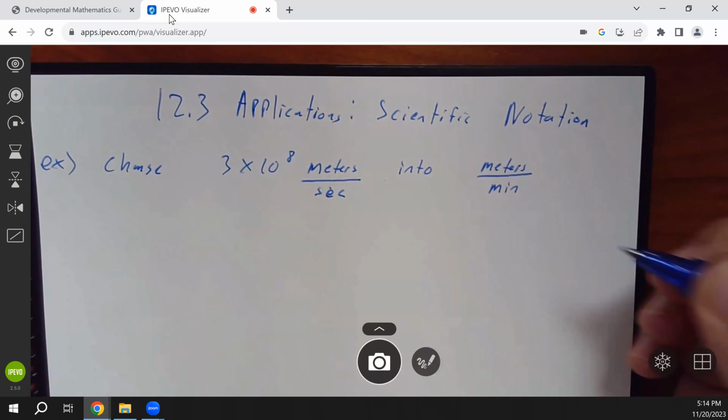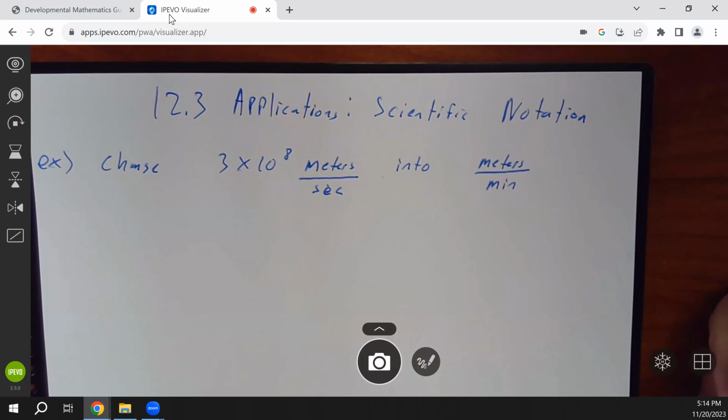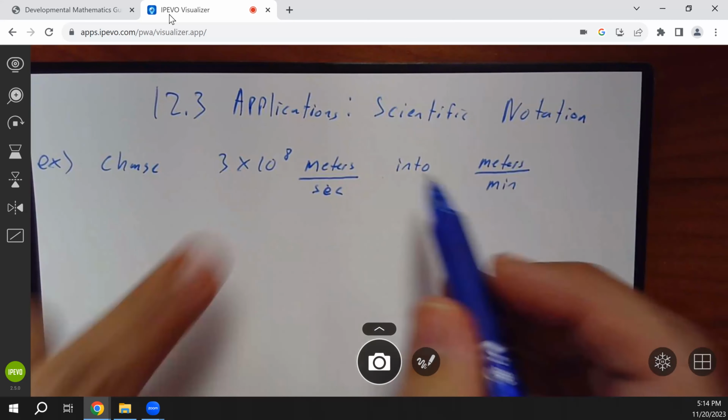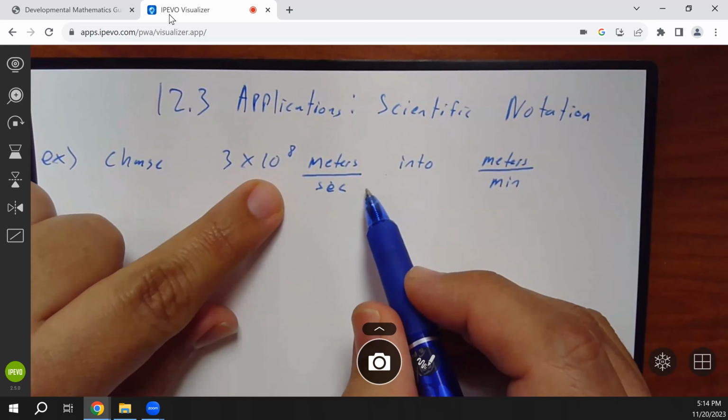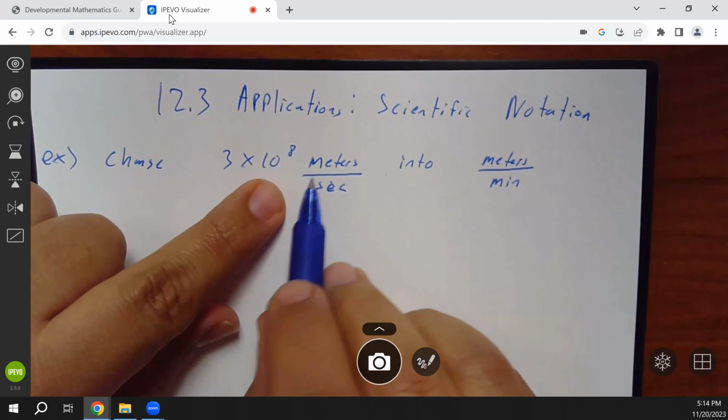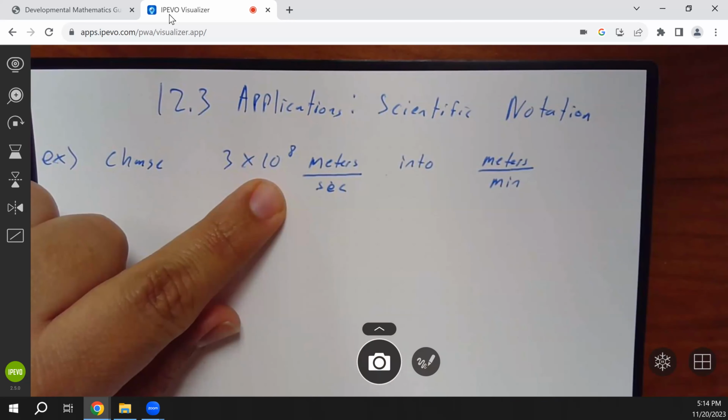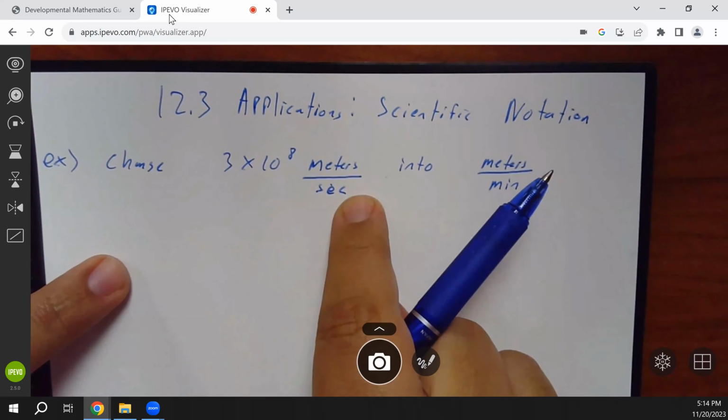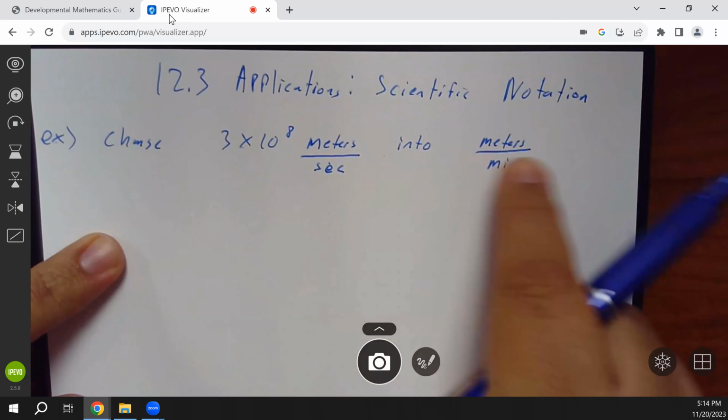When they say per, like miles per hour, they mean miles divided by hours. So if you had 20 mph, you put 20 miles divided by 1 hour. So meters per second, change it to this.